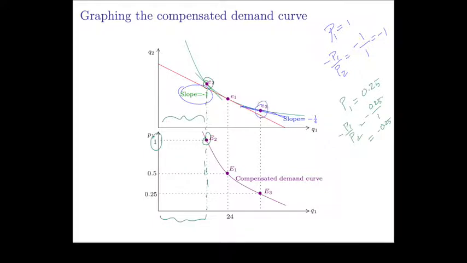So they consume this bundle E3. Again, that consists of this quantity of good 1. So we put this quantity of good 1 with a quarter to get this point, capital E3. We do this for every possible price to get this curve. That's the compensated demand curve.